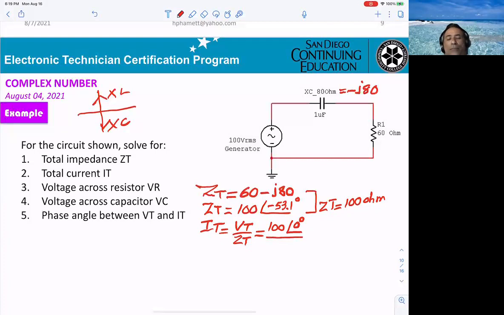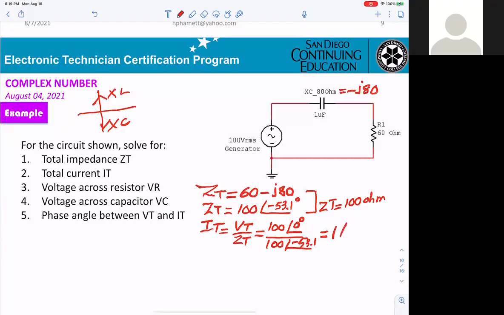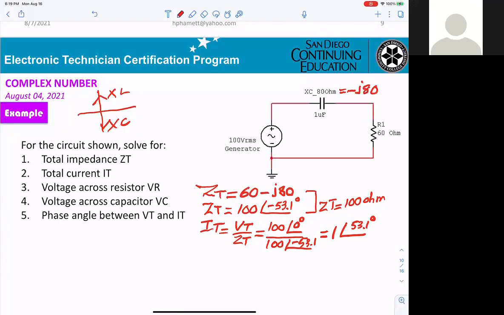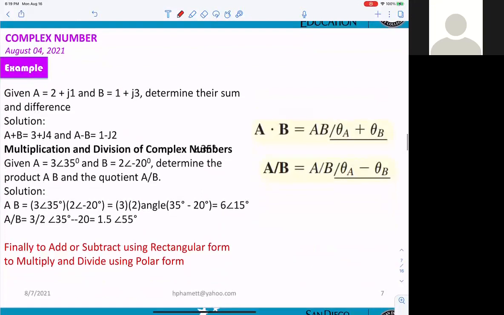Divide 100 angle 0 by 100 angle minus 53.1. Tell me, equals what? 1 angle 53.1, positive. So you bring the angle from the denominator to the top and make it positive, right? That's the formula I just gave you. When it is in the denominator, you subtract, but it was negative, so it becomes positive.